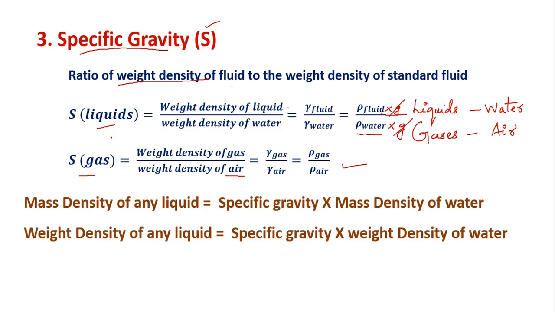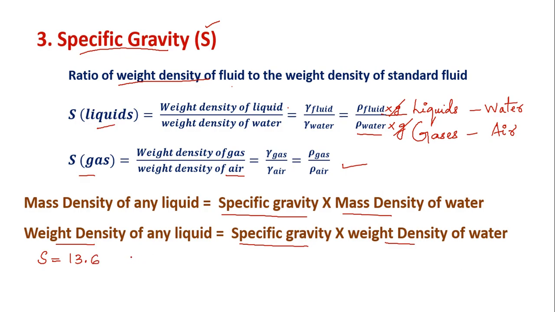Okay, and we can rearrange this expression. From here, mass density of any liquid will be specific gravity of that liquid into mass density of water. Similarly, weight density of any liquid will be specific gravity of that particular liquid into weight density of water. For example, specific gravity of mercury is 13.6.